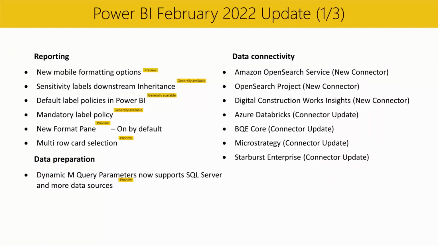In the Data Connectivity section, we have several new and updated connectors for you this month. First, we're excited to release the new Amazon OpenSearch Service and OpenSearch Project connectors. One of the key features of the OpenSearch engine is the Open Database Connectivity Driver, which enables you to integrate various BI and analytics applications with OpenSearch.